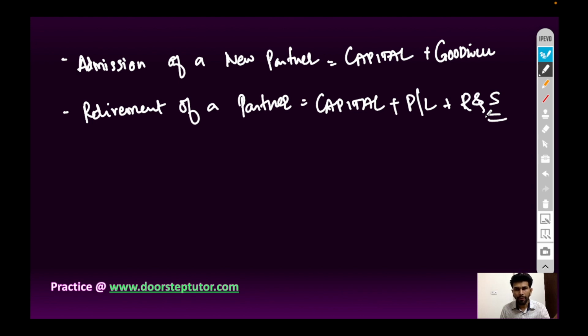So at the time of admission, the new partner will bring capital and his part of goodwill. At the time of retirement, the retiring partner, the outgoing partner, will take away the capital which he has invested and his share of profit or loss till the date of retirement.